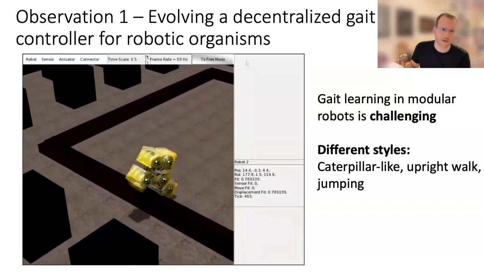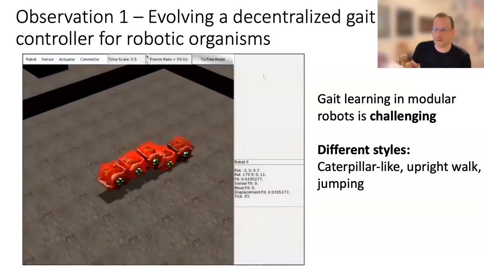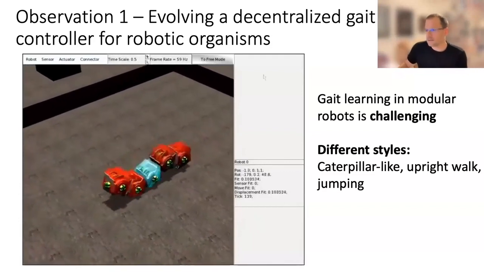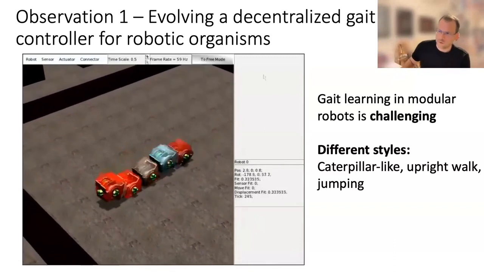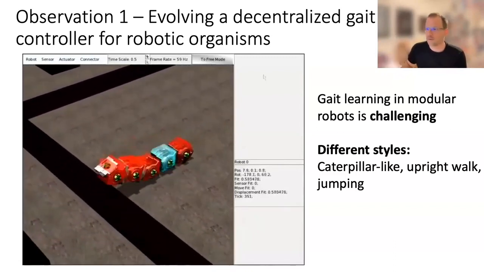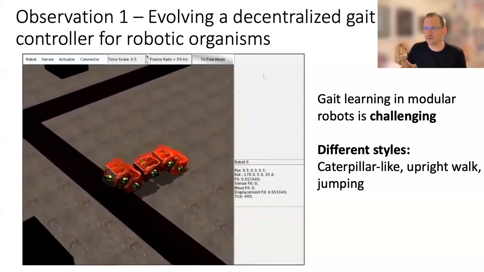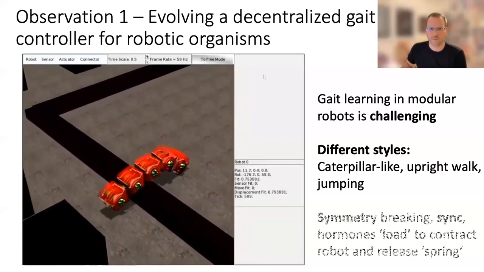And in black, it's a bit tough to see here, there's actually a wall that they have to overcome. In this robot, you see nicely how hormone is propagated in a quite distinct way through these modules to implement yet another kind of caterpillar motion.